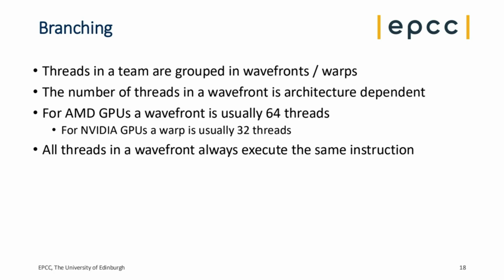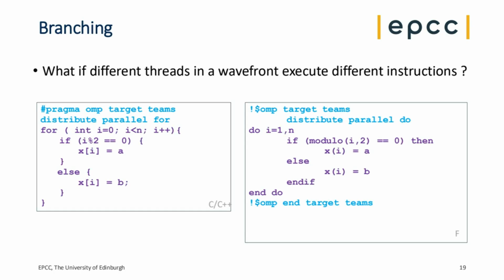So, all the threads in the wavefront are executing the same instruction. And if you have a situation like this, where your loop body is actually doing different operations depending on the value of the index. So here we're distributing this loop such that if your index is 0 or an even number, then you assign A to the array element.